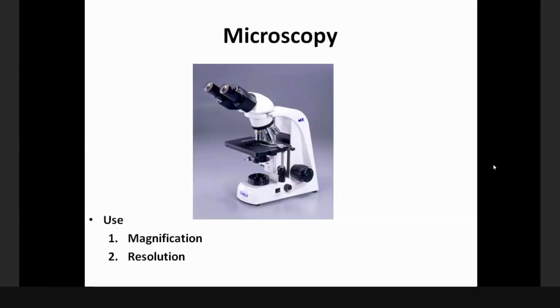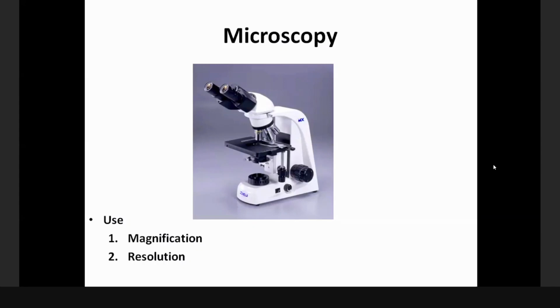Magnification makes your tissue appear bigger and closer to your eyes. So that's what magnification is. Magnification, I repeat, is making your tissue appear wrongly. It is cheating, in quotation marks.